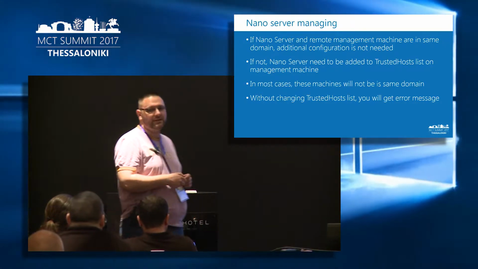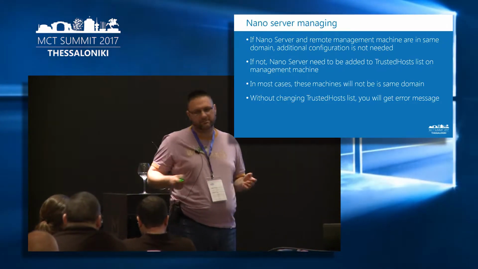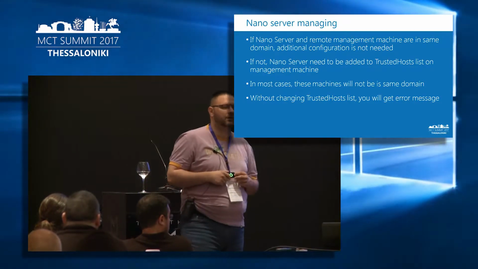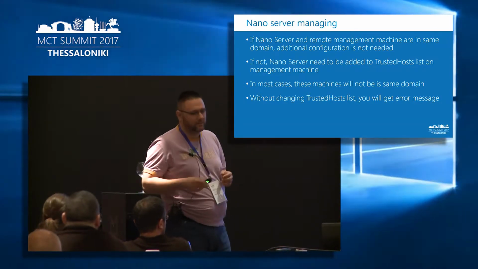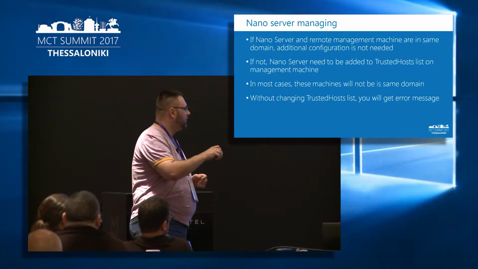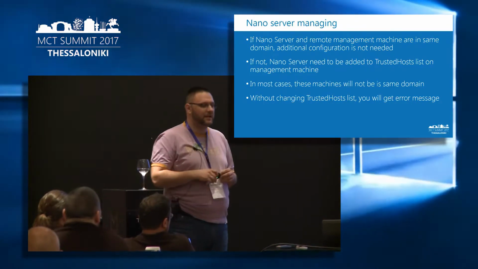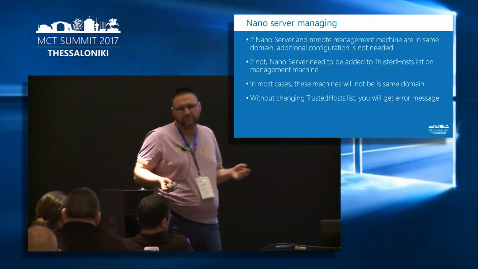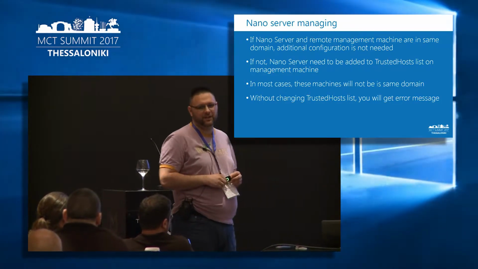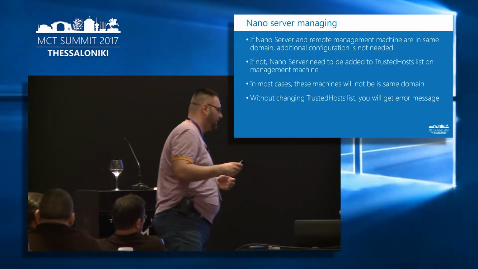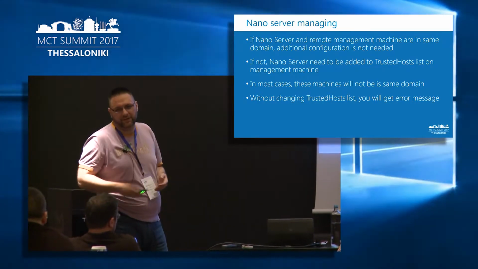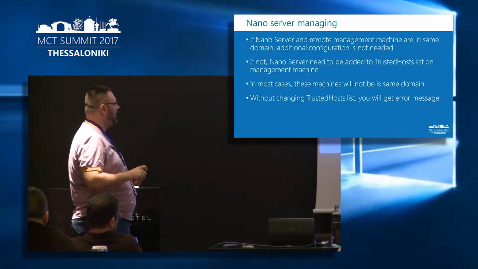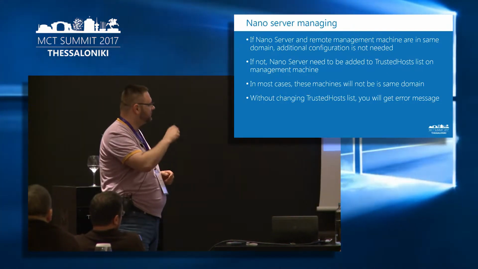If it's not in the same domain, which is the case in most cases, you need to configure trusted hosts on your machine. You need to enable Windows Remote Management. If it's a machine in the same domain, that is easier. Just Enter-PSSession, computer name, and your credentials will be approved from Nano Server.